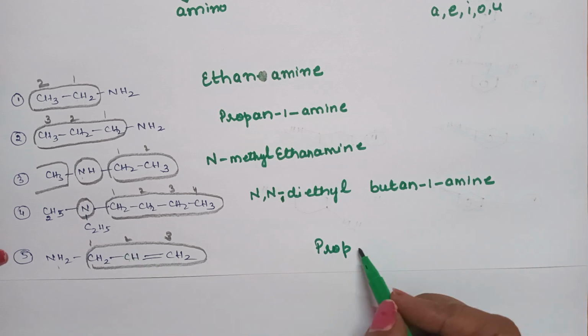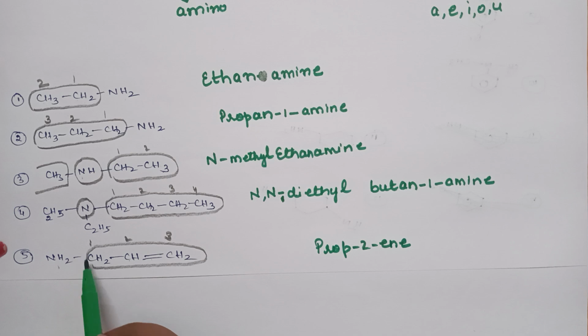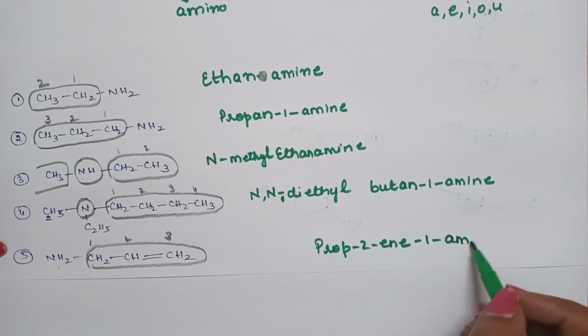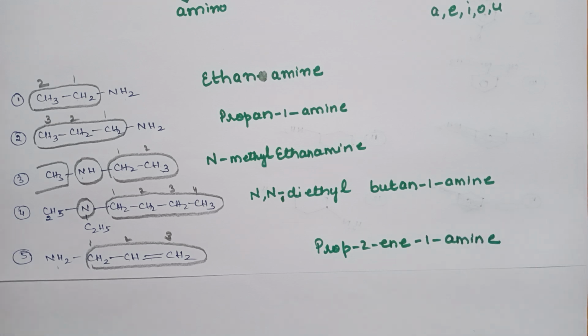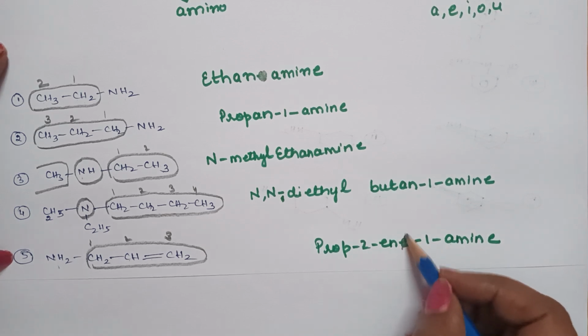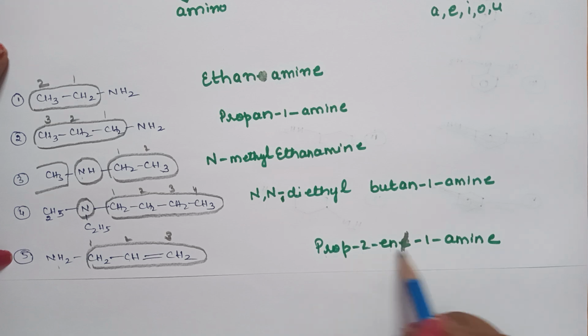Take the smallest number, so it will be 2 ene. And then the amine group is attached to the first carbon, 1 amine. Students, see here, amine starts with A, so you have to erase this E. So it becomes prop-2-ene-1-amine.